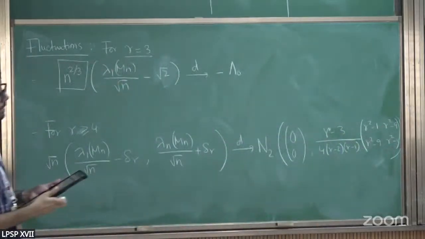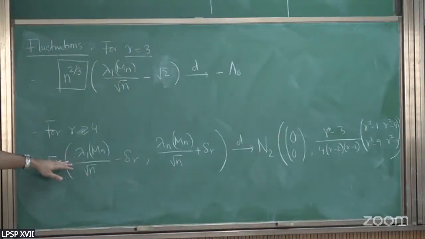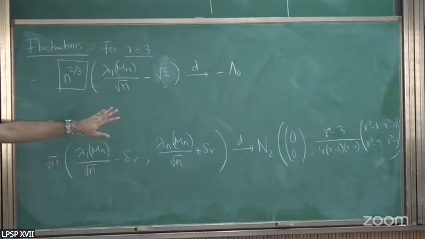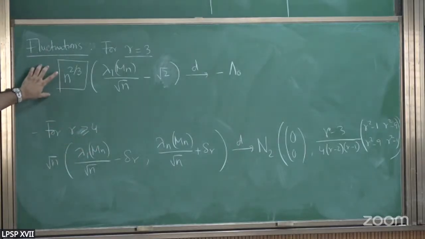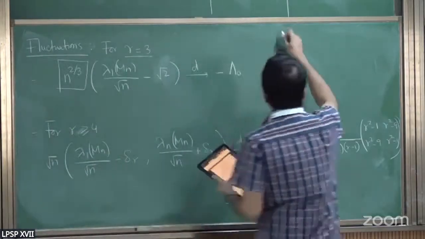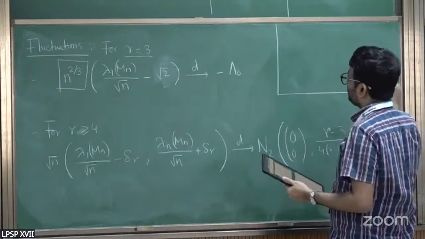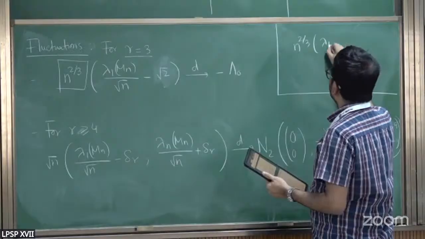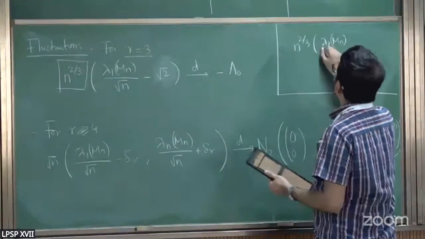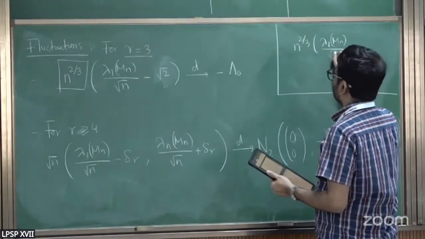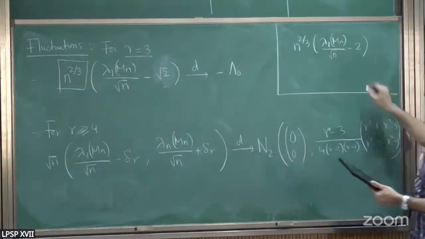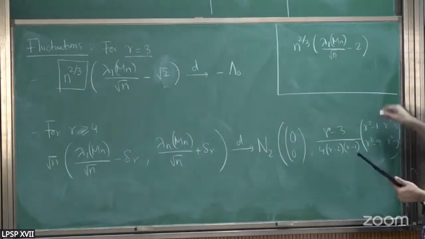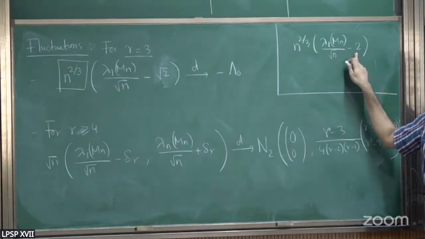So not only the limits are different, the fluctuations are also different. For r bigger than or equal to 4, you have square root n fluctuations and Gaussians, and otherwise you have n to the 2/3 fluctuation. For the random graph, which is r equal to 2, this is the right endpoint of the semicircle law.